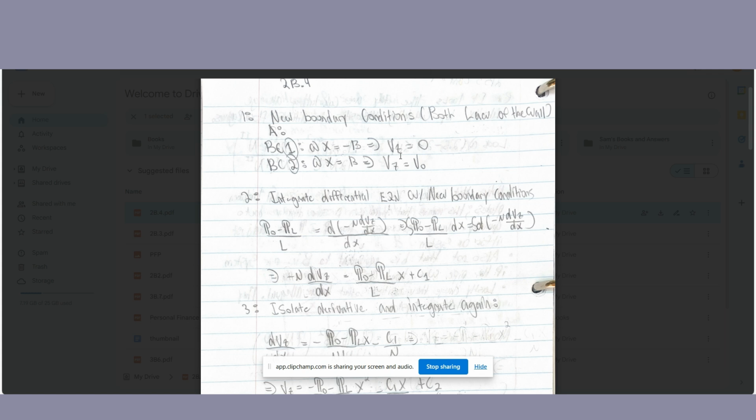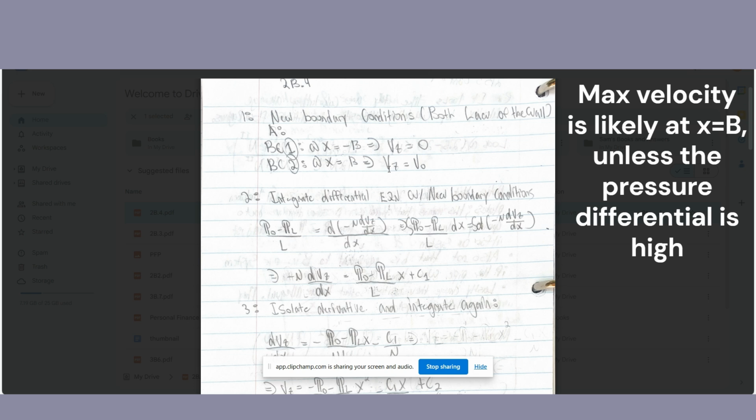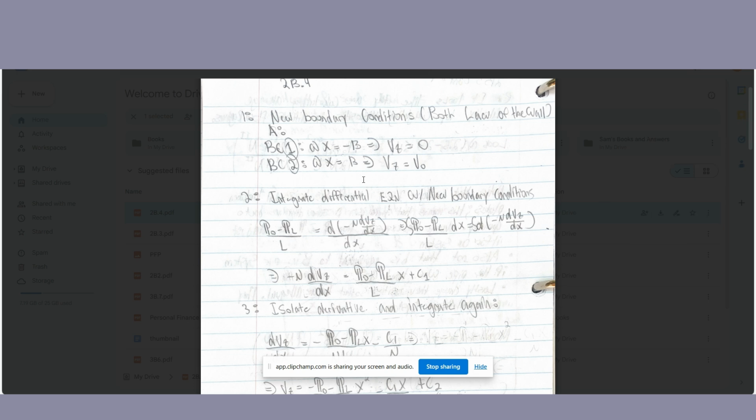So the maximum velocity is not going to be directly in between them, so that previous boundary condition, tau xz equals 0 at x equals 0, won't apply.